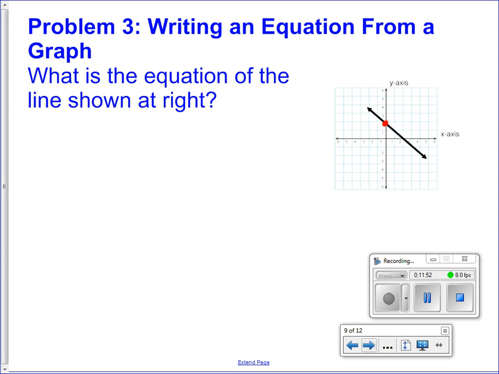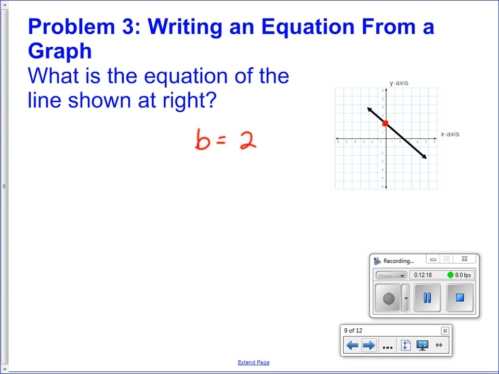And we need to identify what our rise and run is. I'm sorry, hang on, let me go back. It's early morning. Our y-intercept, b, is +2.